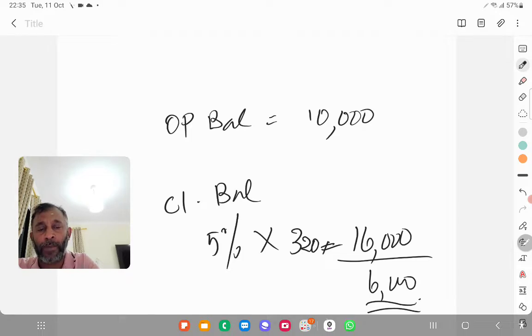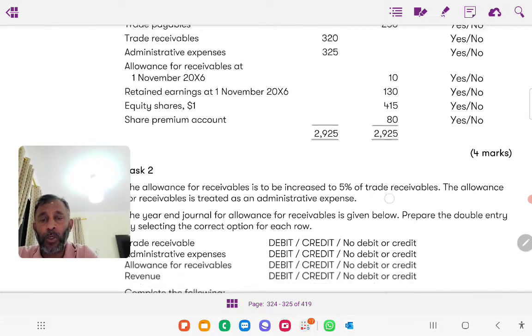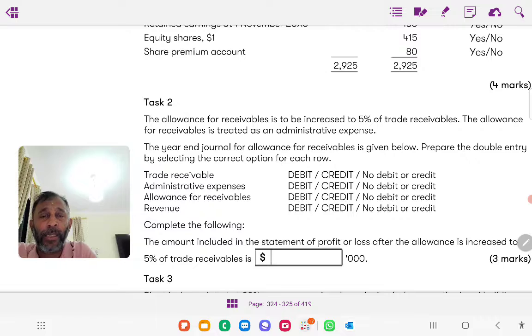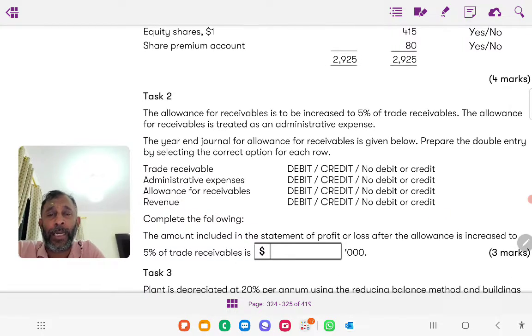Now what do they want from us? The year-end journal for allowances for receivable is given below. Prepare the double entry by selecting the correct option for each row. Trade receivable, we will not have anything, so no debit or credit. Administrative expense, the difference, the 6,000, I should debit it. Allowances for receivable, that amount of 6,000 we should credit.